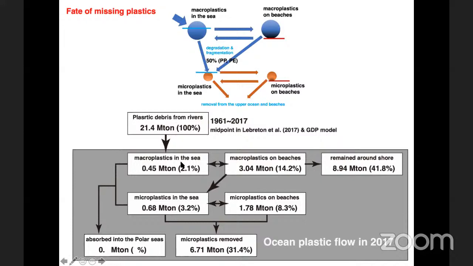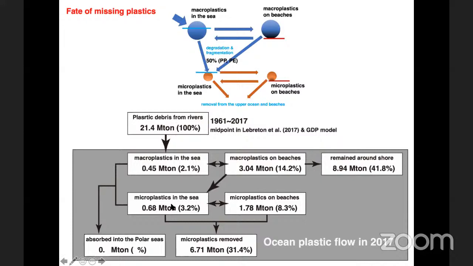And in our computation, macroplastic in the sea accounts for only about 2.1%, and the macroplastic on beaches accounts for 14.2%. And we remained the microplastic made from heavy plastic, which does not drift in the ocean, about 41.8%. This remains on beaches when they convert from macroplastic to microplastics.